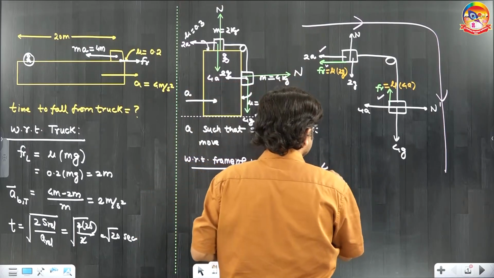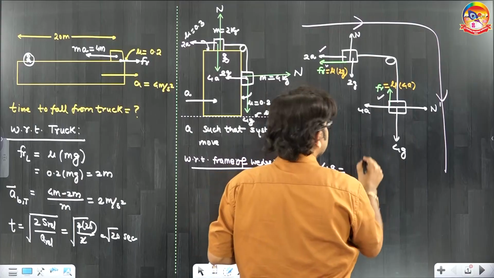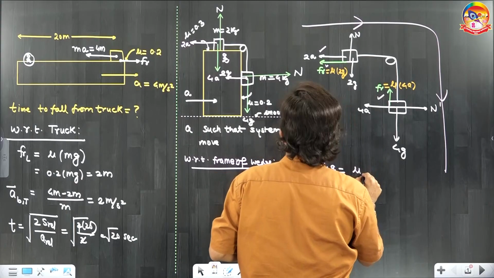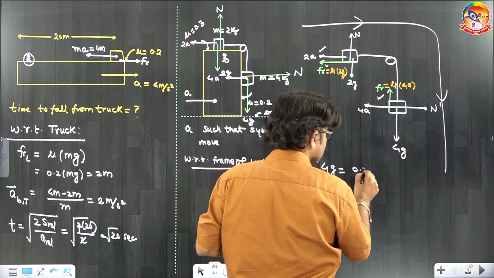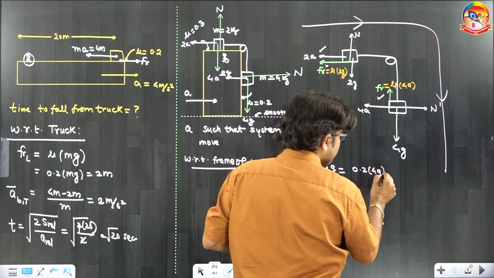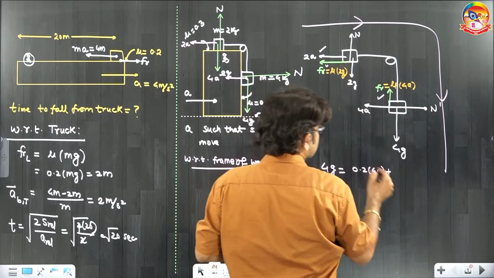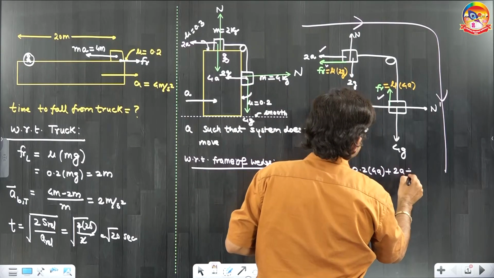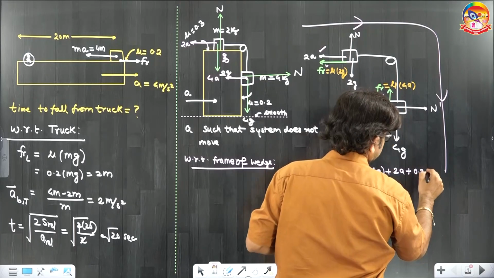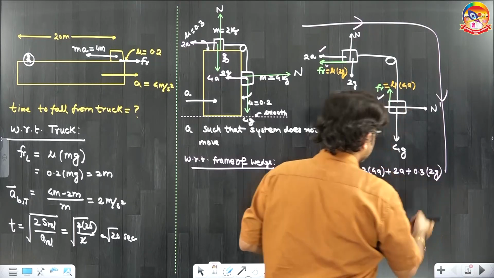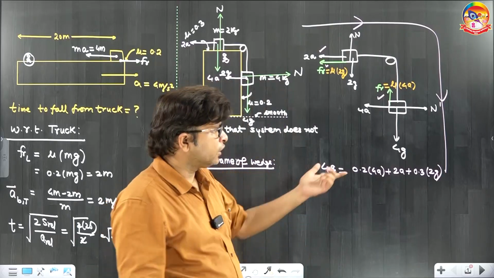That means I will write simply 4g is equal to mu into 4a, mu 1. Mu is how much? 0.2. So it is 0.2 into 4a plus here 2a plus mu over here is 0.3 into 2g. That is the net force. I can calculate the acceleration.